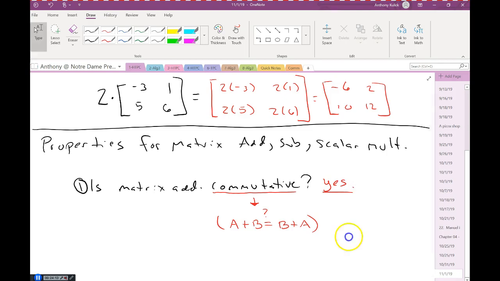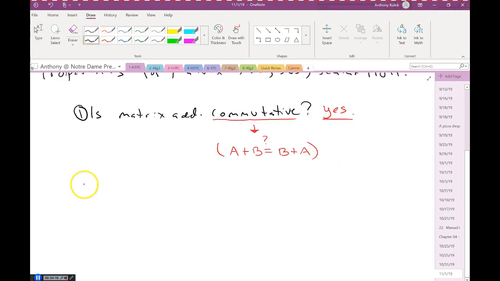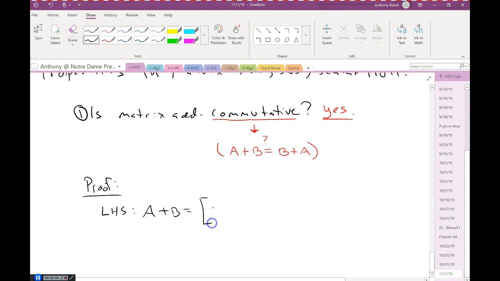How would we go about trying to prove this? Well, we'll take the left-hand side. That's A plus B. So if I do this for a 2 by 2 case, matrix A can look like that, and matrix B can look like this.